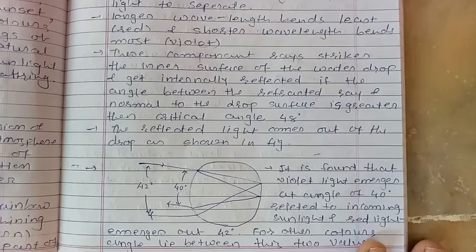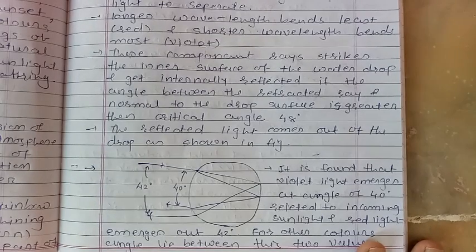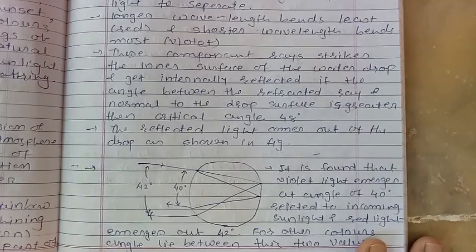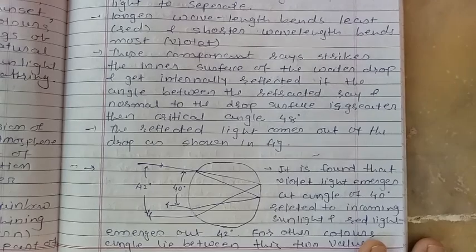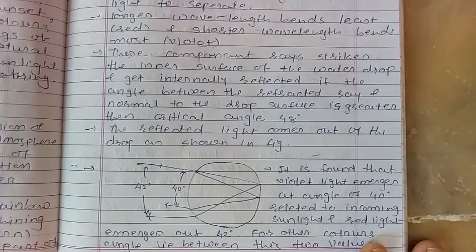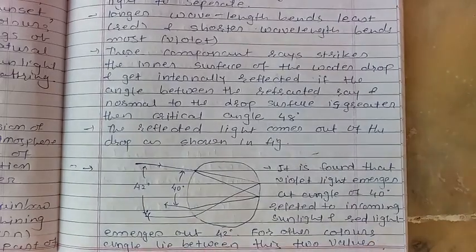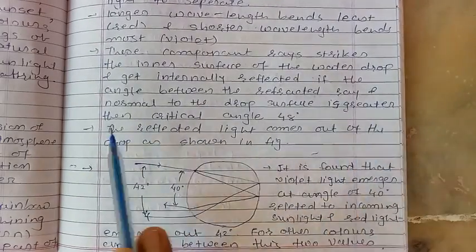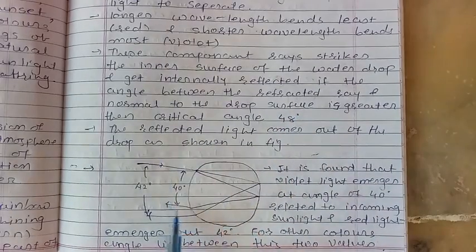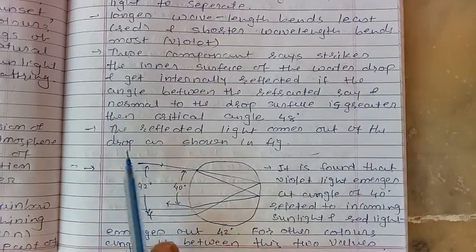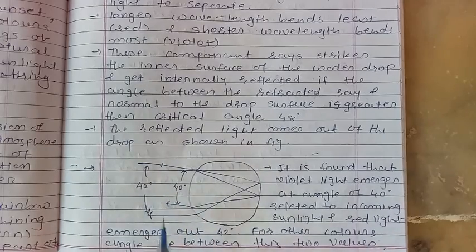Now this component of ray strikes the other end of the water drop surface, right, and gets internally reflected, if the angle between the refracted ray and the normal to the drop surface is greater than the critical angle, 48 degree. After that this reflected light comes out of the drop as shown in this figure.